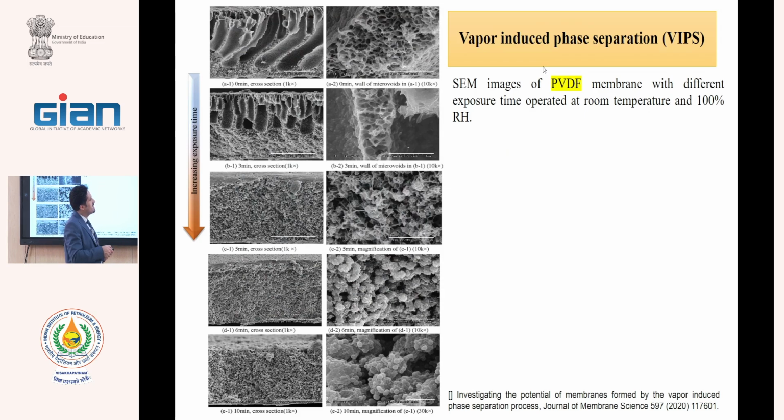When we say 100 relative humidity, that means most of the gas phase is air, nitrogen and oxygen, and the vapor reaches the saturation concentration. In this gas phase, 1% is vapor, and most of the phase is nitrogen and oxygen.